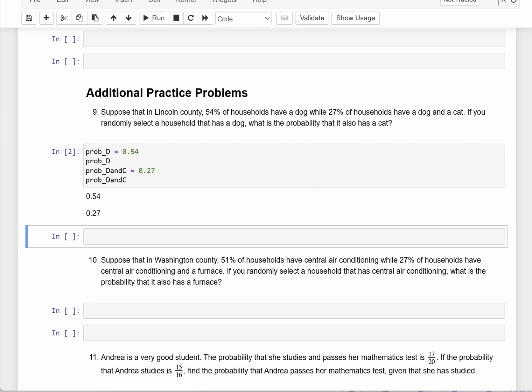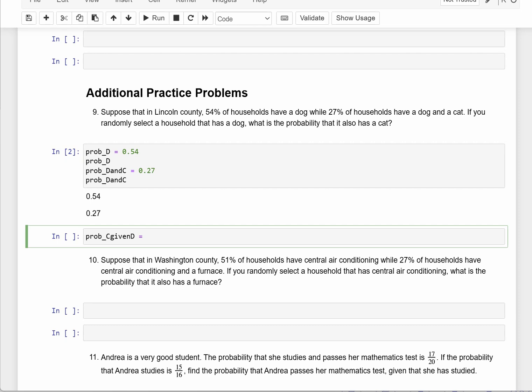And why am I doing that? Well, because if you randomly select a household that has a dog, what is the probability that it also has a cat? So this is the probability of C given D, right? The probability that if you randomly select a house that has a dog, so that's the given. The dog has already been selected. What is the probability that it also has a cat?